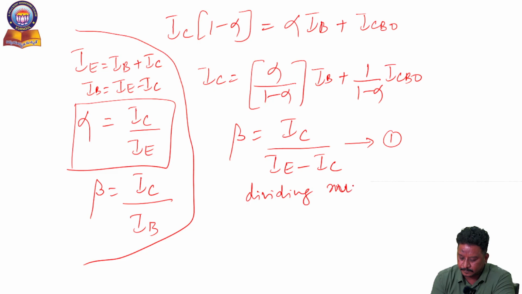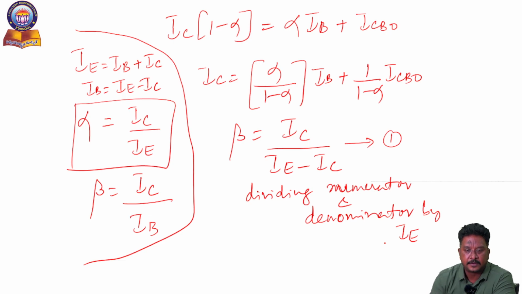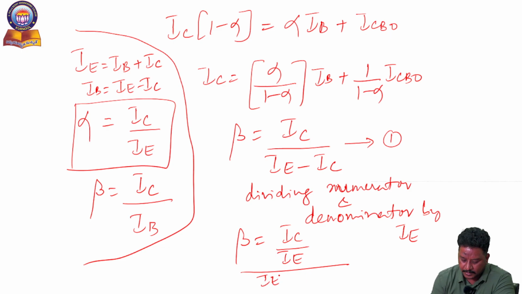Dividing numerator and denominator by IE, then beta is equal to (IC by IE) by ((IE minus IC) by IE).